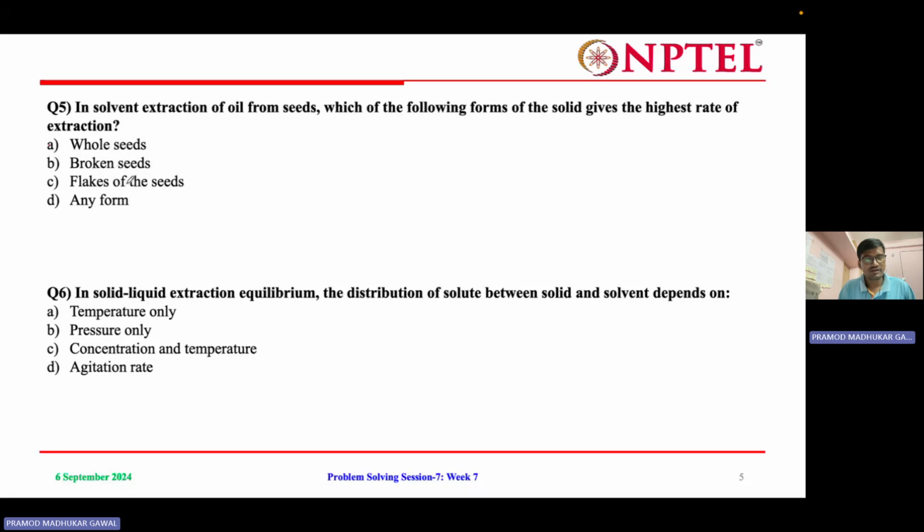This is a very small size of the seed, so it provides the most for the extraction of the oil from the seed. Based on that, the flakes of seed can provide the highest rate of extraction compared to the broken seed.